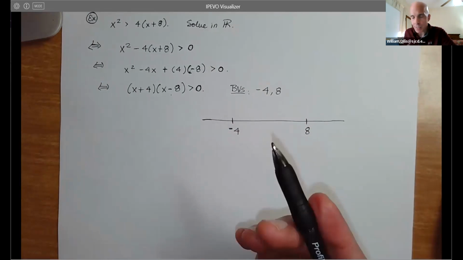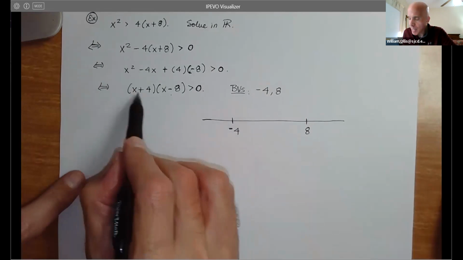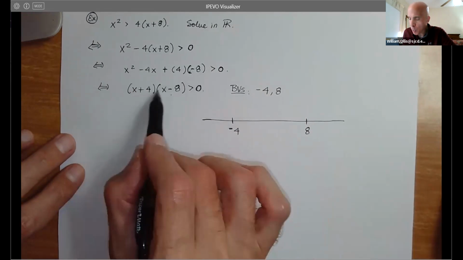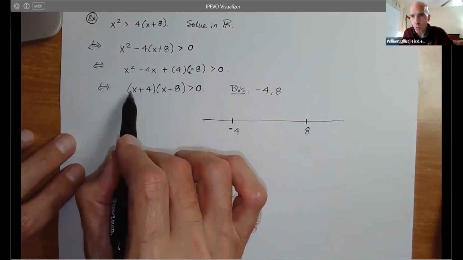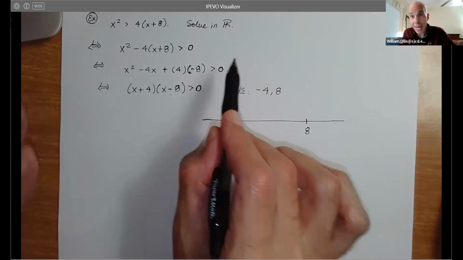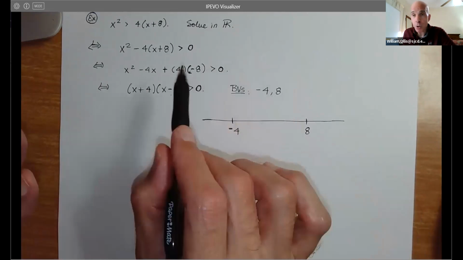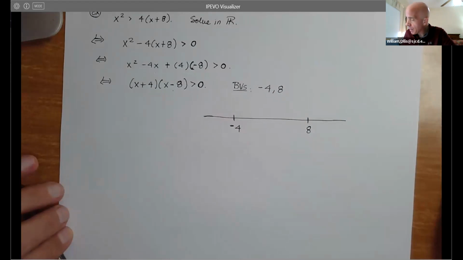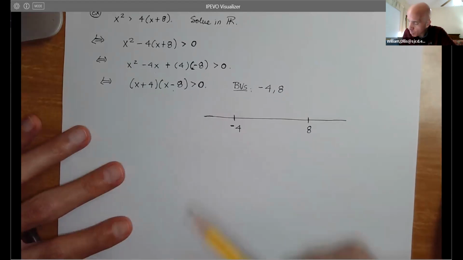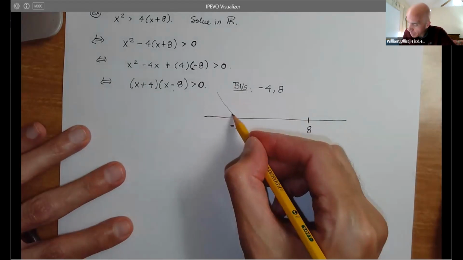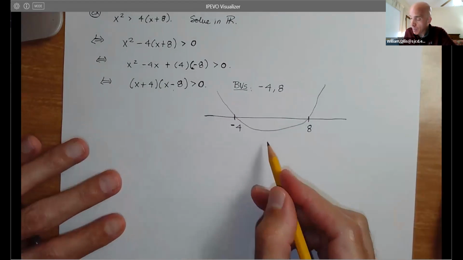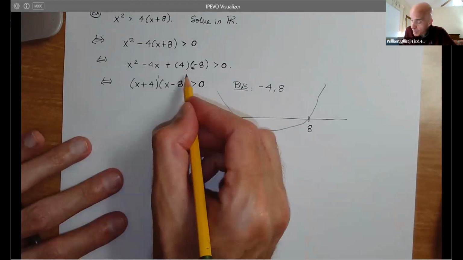Now, notice, we haven't done anything fancy here. Notice this has a leading coefficient of 1, so this will be large when x is large, and it will also be large when x becomes negatively infinite. So we can think about this like a polynomial. We can say positive here, then cross back into positive, because these are both multiplicity 1.